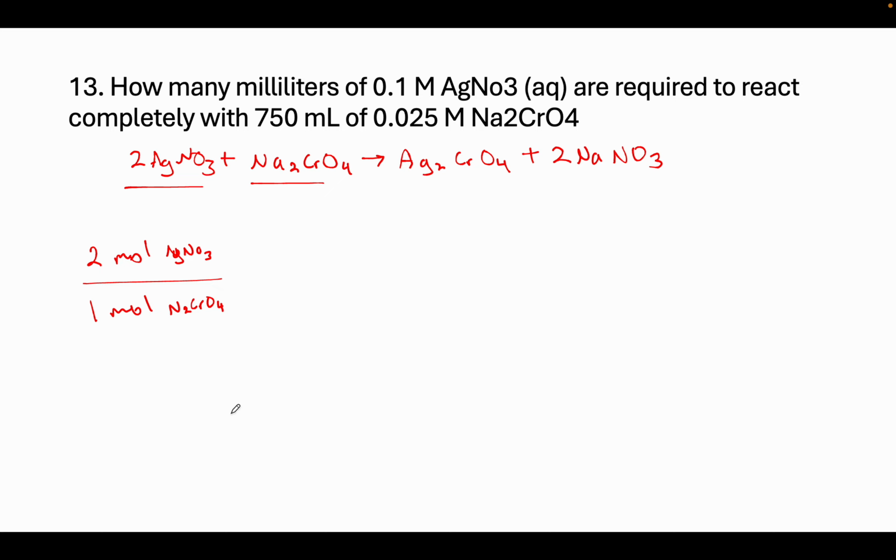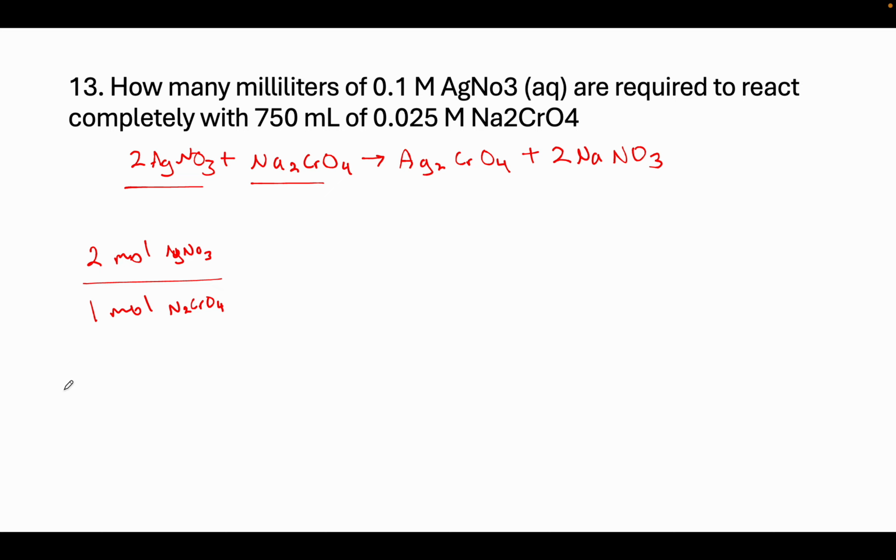But now, what can we do for now? We have the concentration of sodium chromate, which is 0.025, and the volume, 750 milliliters. So we can actually find the moles of sodium chromate.